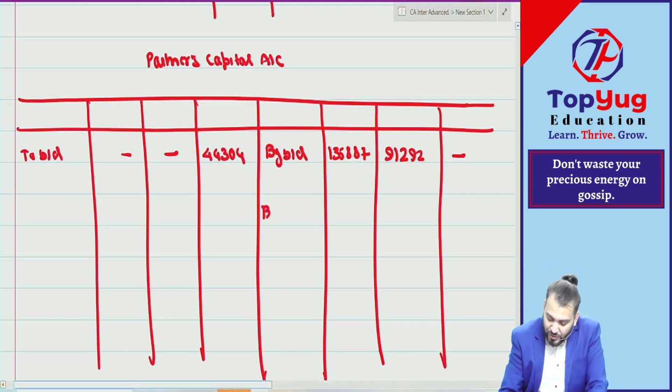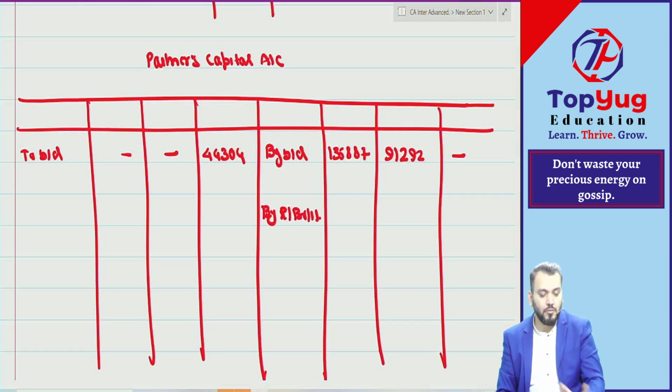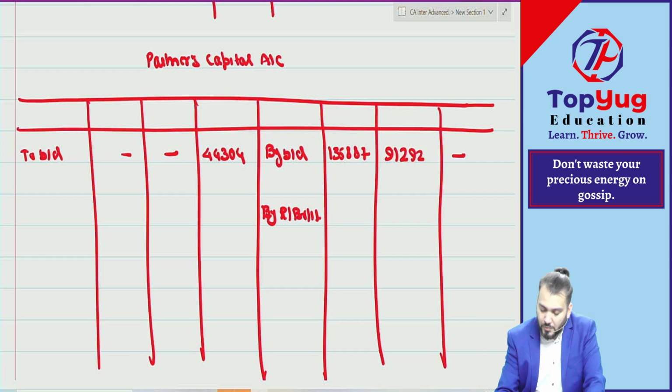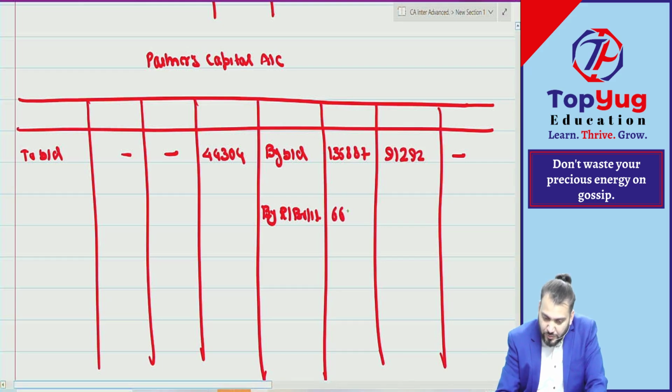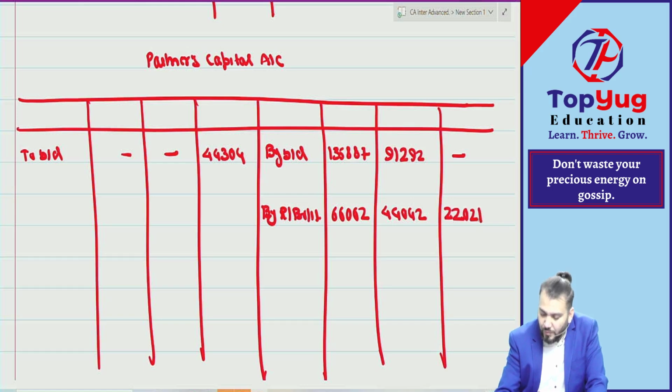By realization how much? Realization profit is distributed in what? 3:2:1. Can you distribute? 66,062. Then 44,042. Then 22,021.